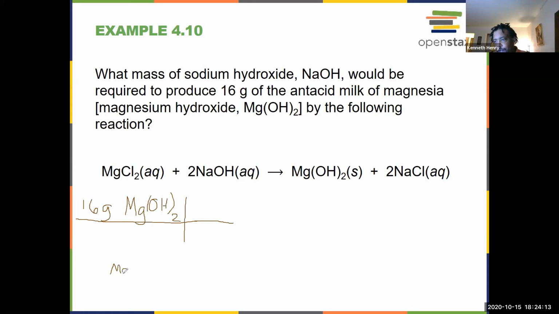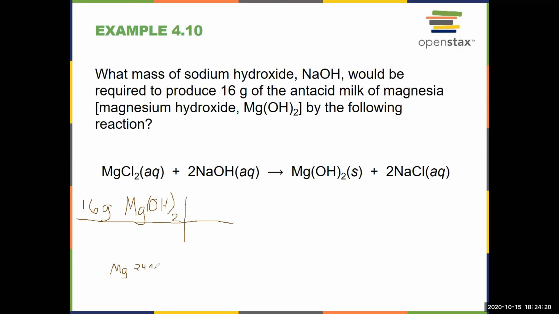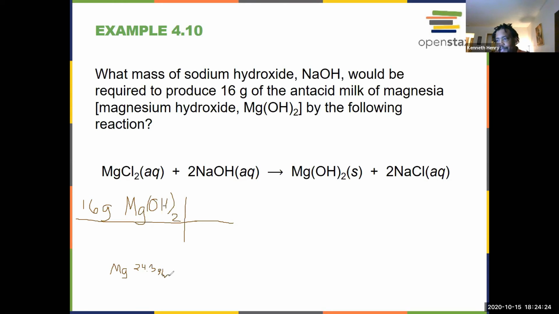Okay, so Mg is 24.3 grams per mole. And how many oxygens do we have? 2. So 2 times 16, is that right? Yeah. So that equals 32 grams per mole.